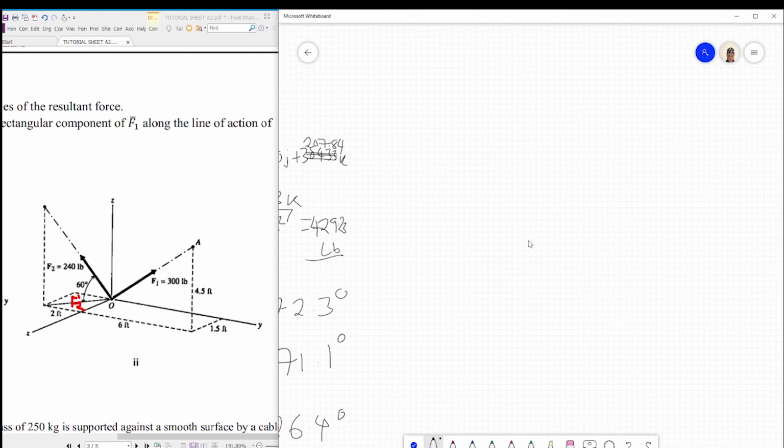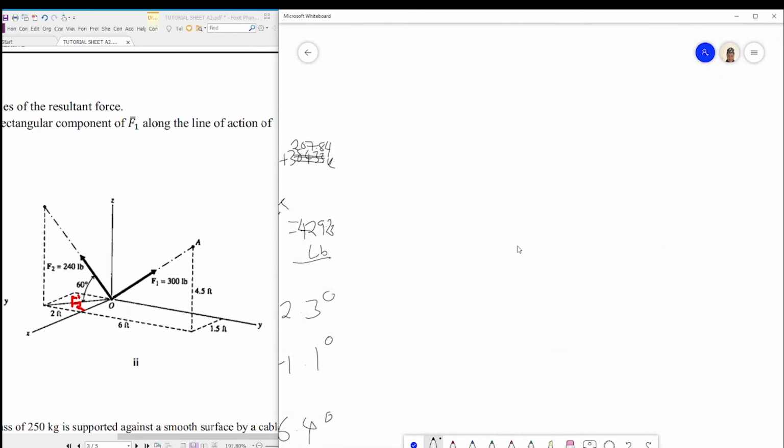Moving on, we go to finding the component of F1 along F2. We'll basically do the same. So we are saying F1B is equal to F1 dot the unit vector in the direction of F2.